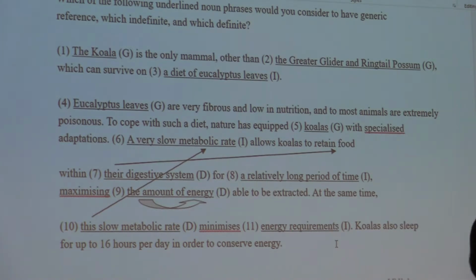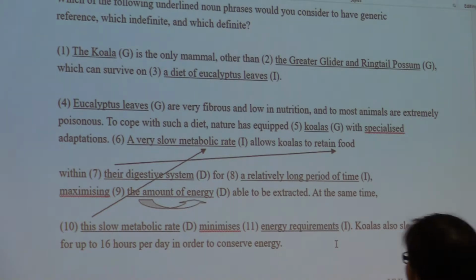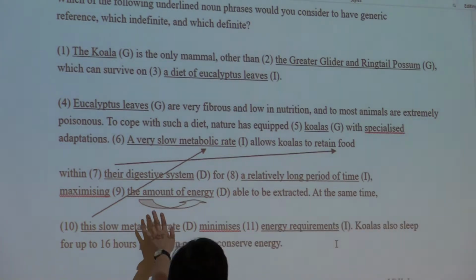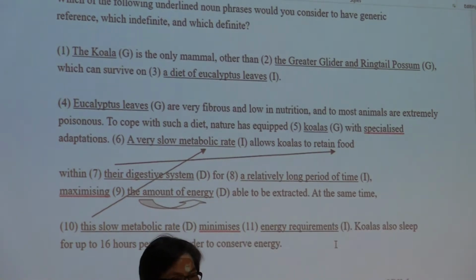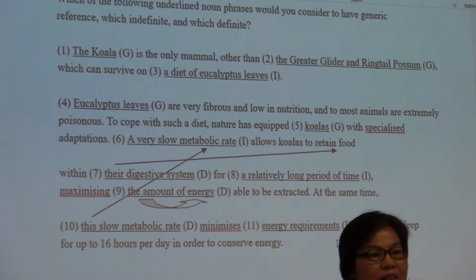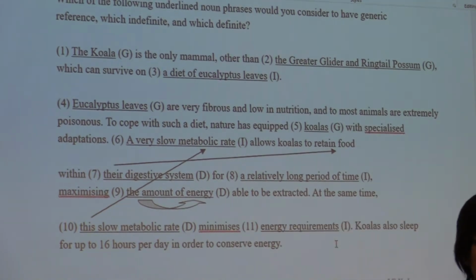Okay, any other questions? I want to ask about number 9, which is the head noun, amount or energy? Amount. The amount of energy. Yeah, amount.